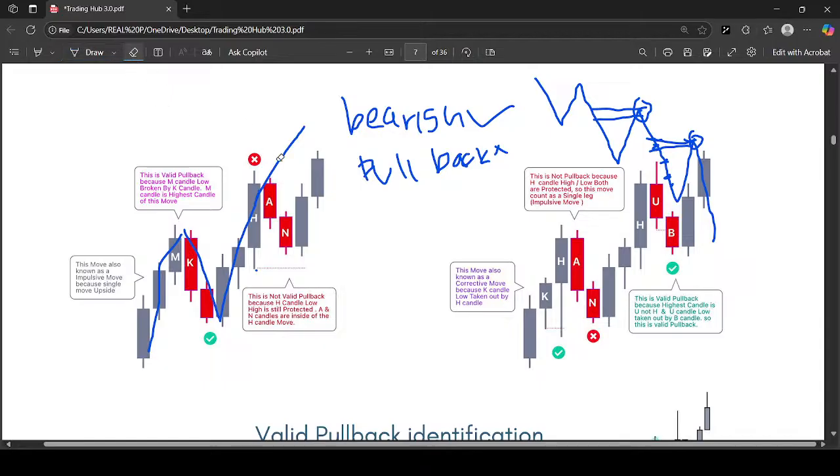And for easier notation, we can call the A candle and the N candle inside bars of the H candle. As long as it's an inside bar, you don't have another block there. As long as it is an inside bar, you don't have a pullback there, right? You just have some candles that went to play.